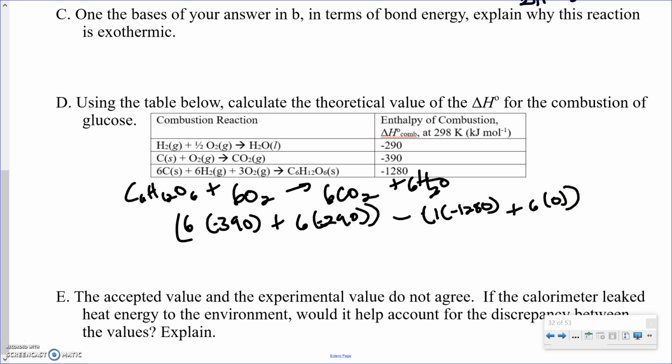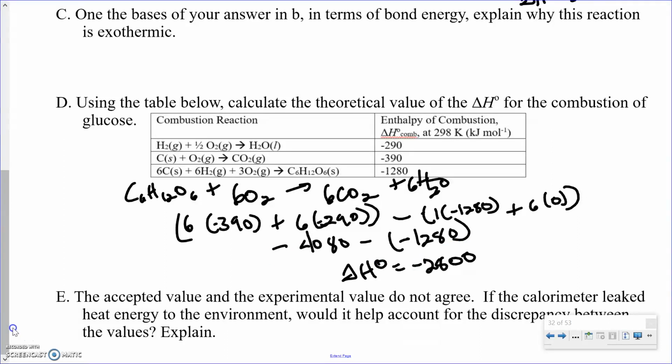So we go through and do the math. 6 times negative 390 plus 6 times negative 290. And we're left with negative 4080 minus negative 1280. Okay, and we add those numbers together. And we are left with a delta H of negative 2,800.